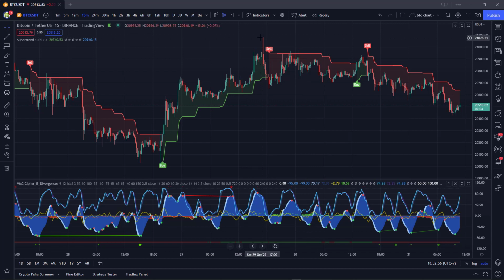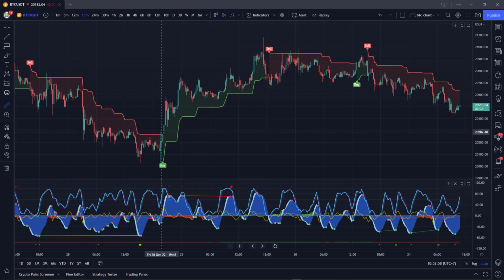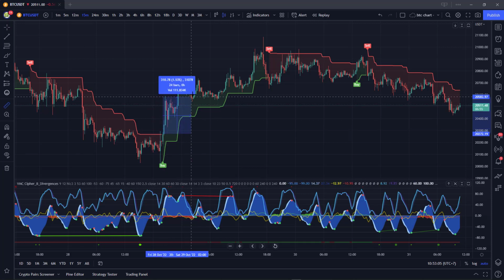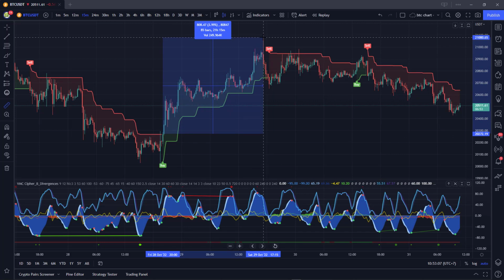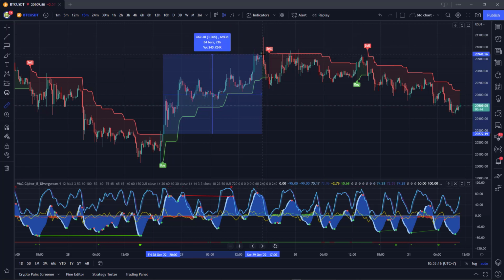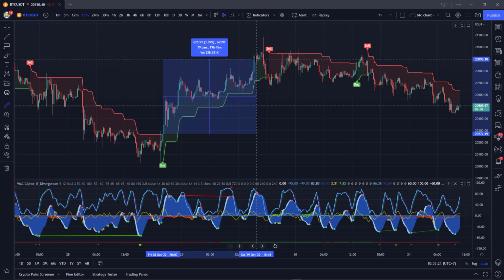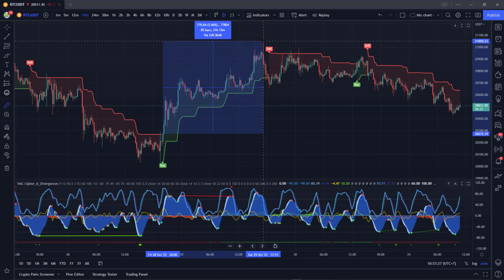So if you'd used a trailing stop loss, for example, maybe you could have got from this particular trade up to about 4%. Let's say you activated your trailing stop loss at 3%, which would have been approximately down here somewhere, and then it would have followed the trade up to around 4%.